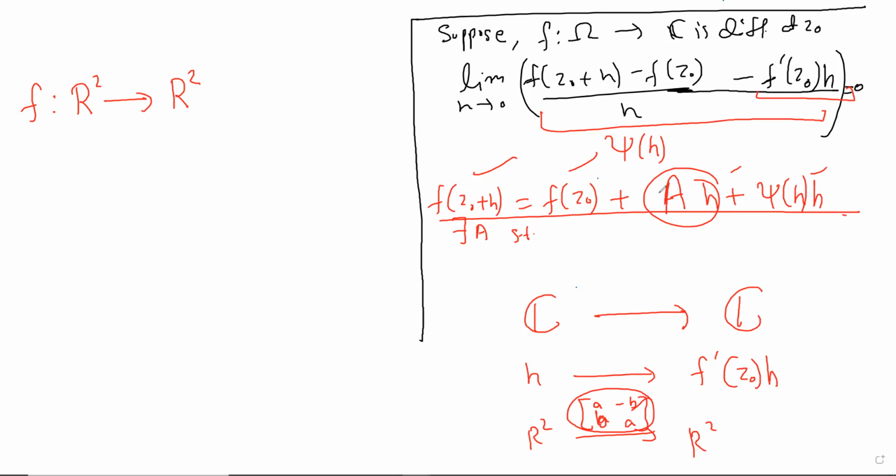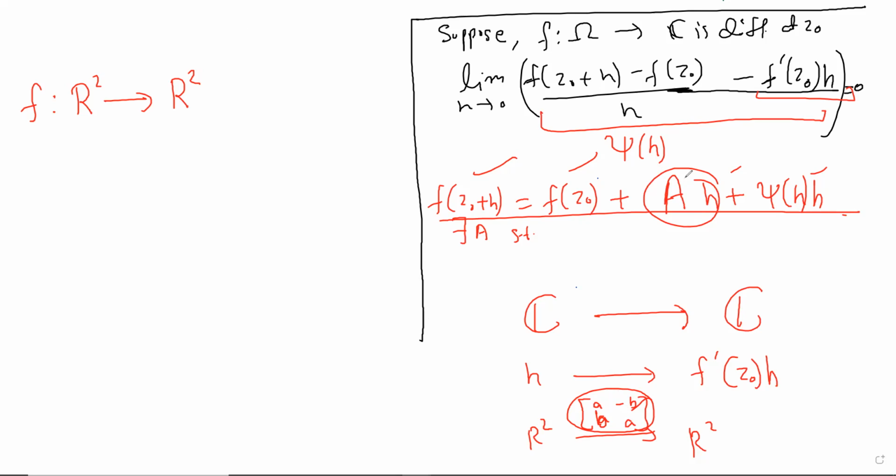Not every type of matrix will correspond to a complex multiplication. It has to look like this, and if it looks like this, then it is A plus iB. If it does not look like this, you can check that it will not correspond to any complex multiplication. So it is very important that it be like this. This will be essential for us.